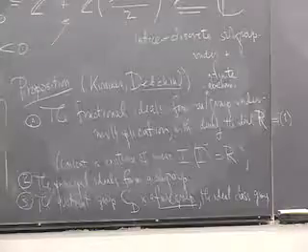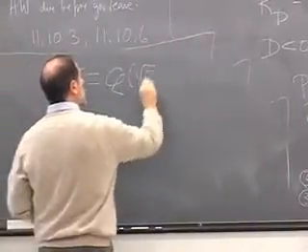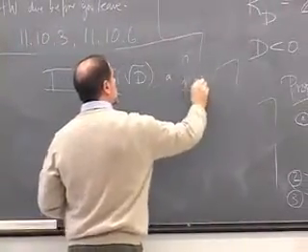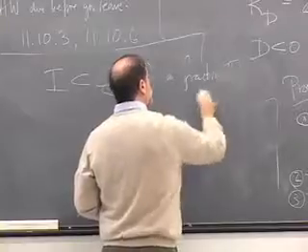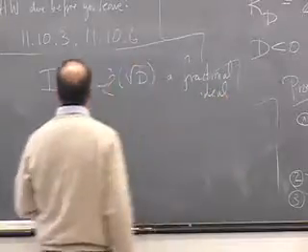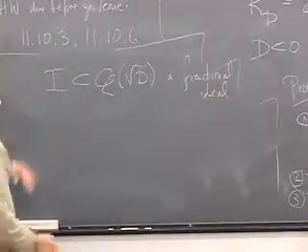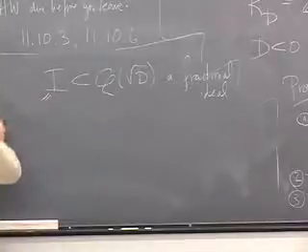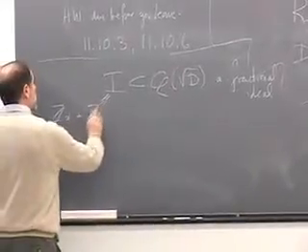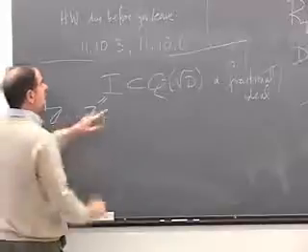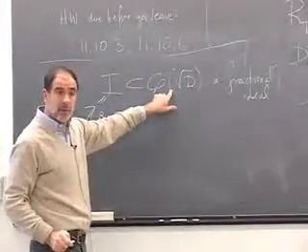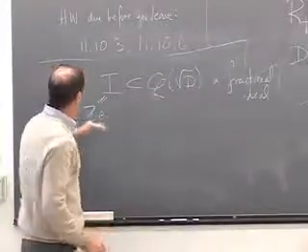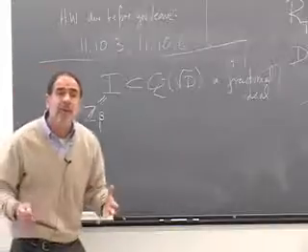If you have a fractional ideal, then it has a basis. Again, it's one of these lattices. So it looks like Z alpha plus Z beta, where alpha and beta are in this field. Alpha and beta are numbers, so they have a fixed denominator.